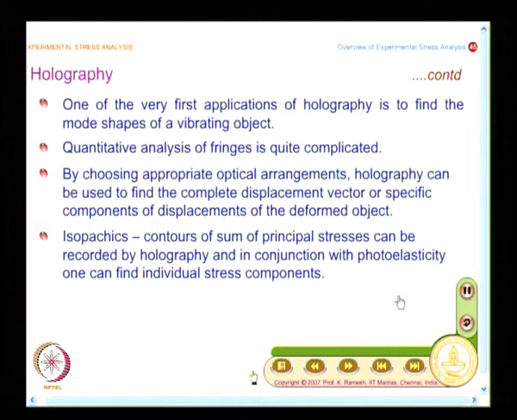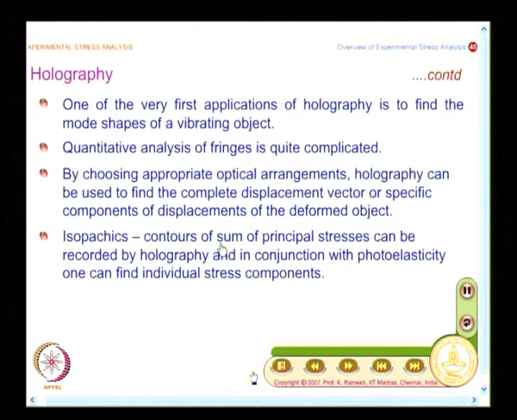We have looked at brittle coating can be combined with strain gauges, so that I get information on the entire surface and also detailed precise information in regions of interest. On similar lines, I can use a variation of holography. I choose an appropriate optical arrangement to get only the lateral displacement.